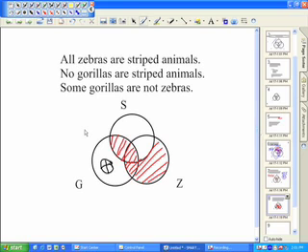So let's see what we've got here. What's the mood and figure here? AEO, figure 2.